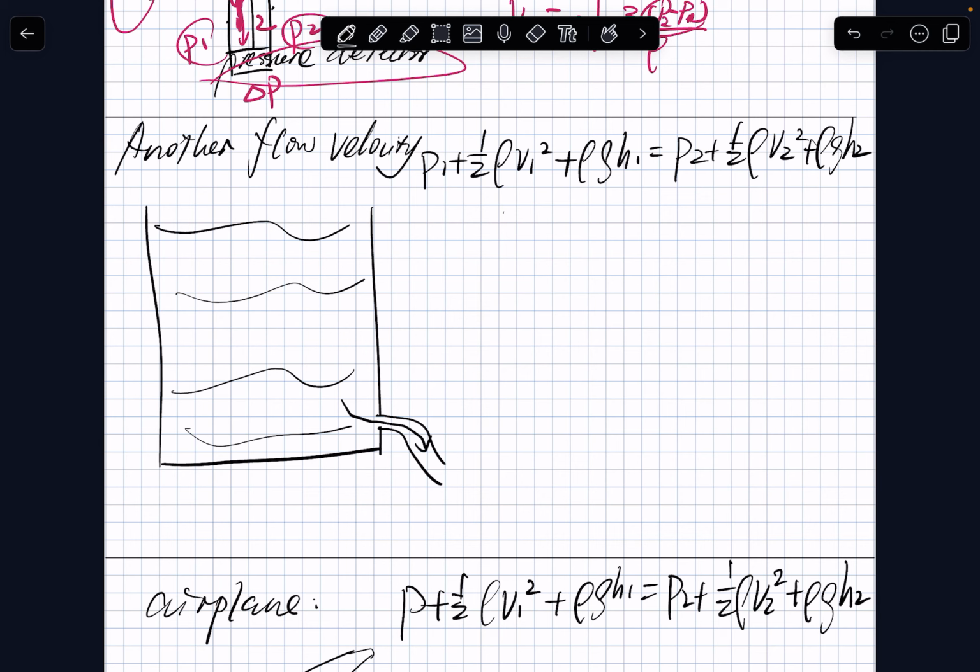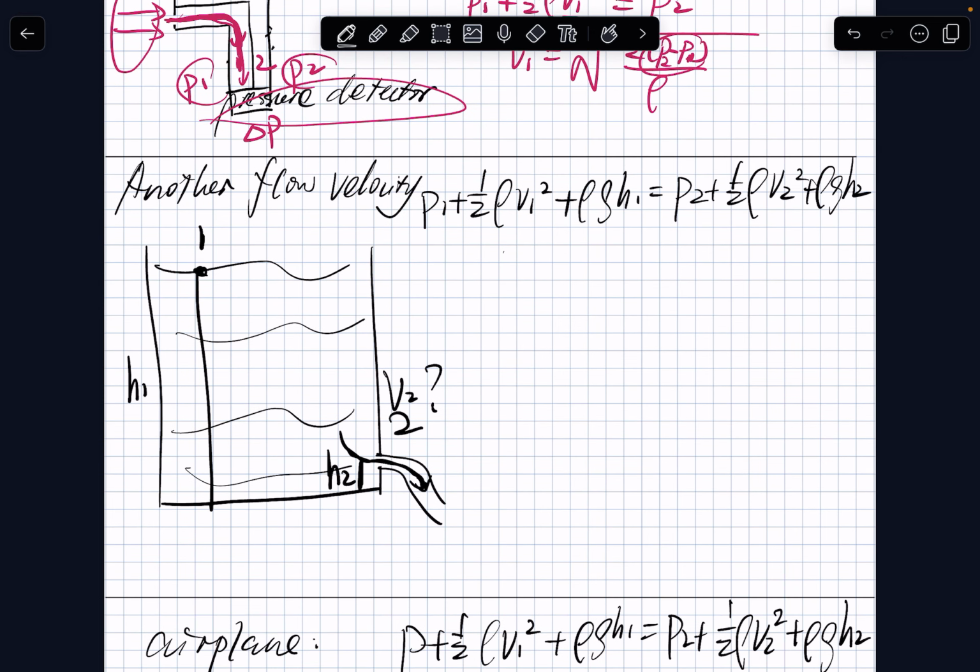And then my H1 is this, because this is point 1, and this is point 2, so my H2 is such. I want you to calculate V2. When this fluid leaks out, what is V2? This is also calculating the flow velocity, right? So how do we do that?